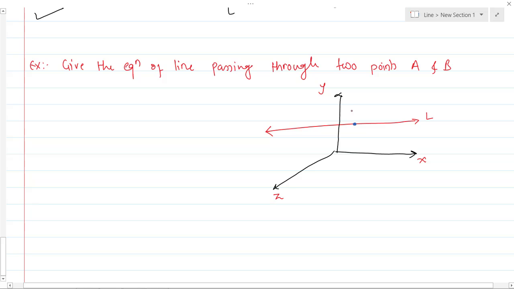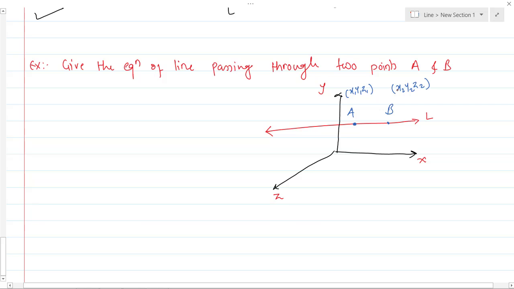Let's take this as point A and this as point B. These 2 points are known points, so we can write this as x1, y1 and z1, and this as x2, y2 and z2, because it is having suffix, meaning these are the known points.